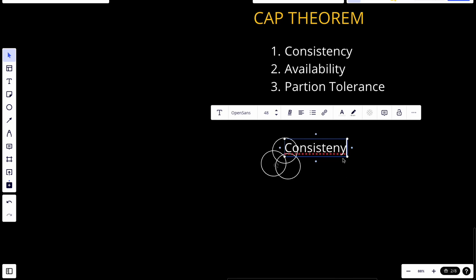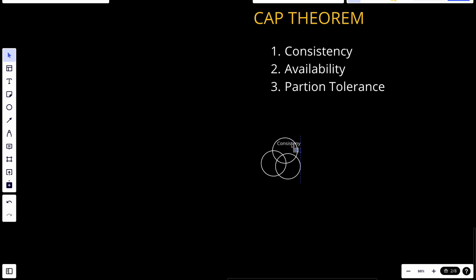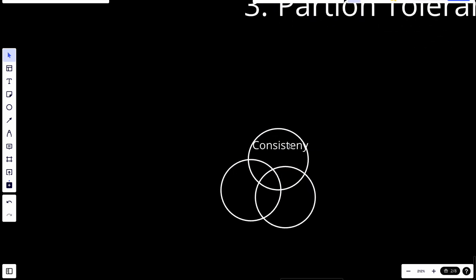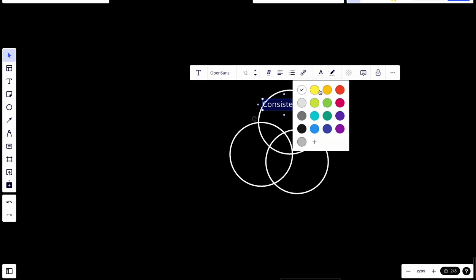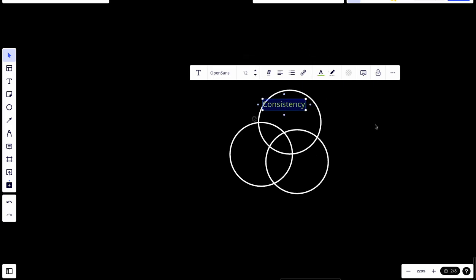We have the consistency, and let's give it green color.